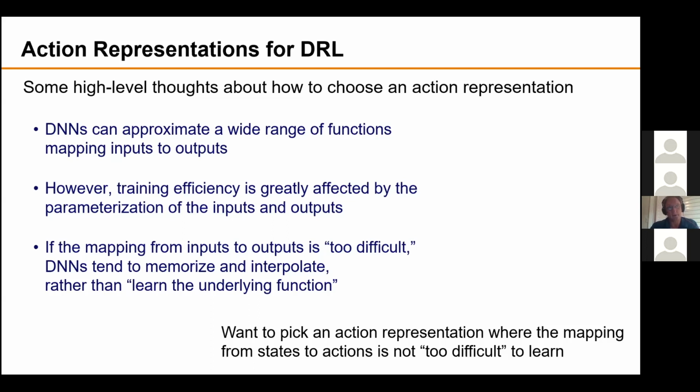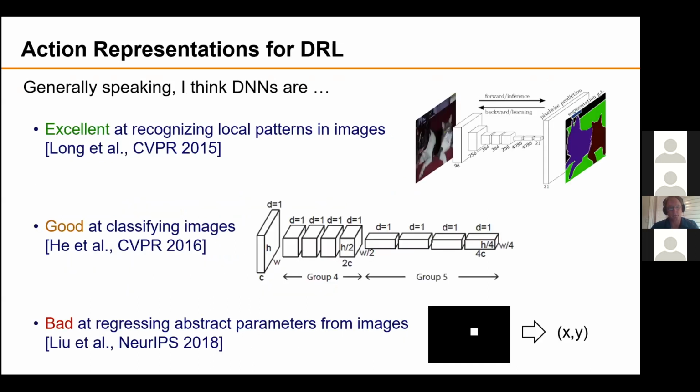Of course, we think of neural networks as these amazing function approximators that can learn any kind of function given enough data. But that's actually not really true. I think there are certain things that they're very good at, and things that they're not so good at. And so it's really important to pick an action representation for which the deep neural network is good.